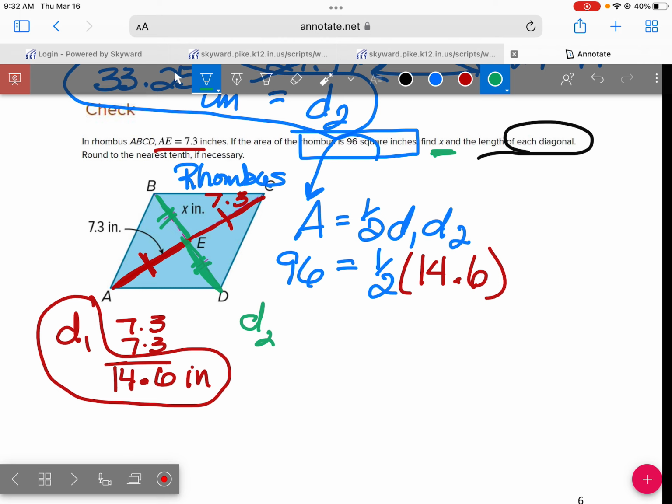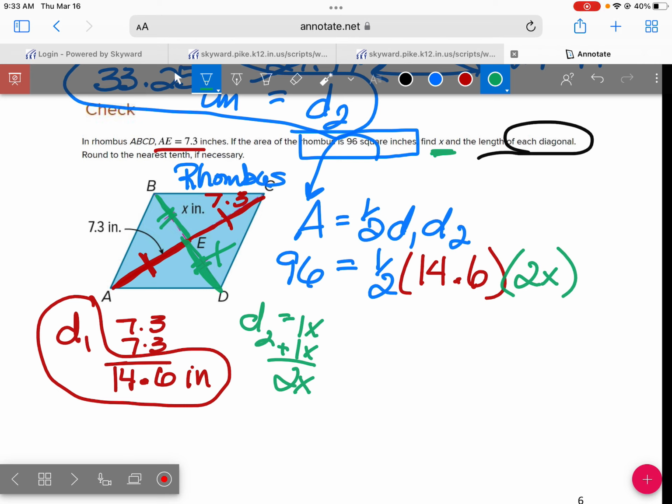So that length is x. Now, here's the kicker. What is x plus x? It is not x squared. It is 1x plus 1x, which is 2x. We're not multiplying, we're just adding them. So diagonal 2 is 2x. And that's how I have to leave it for right now. That's diagonal 2.